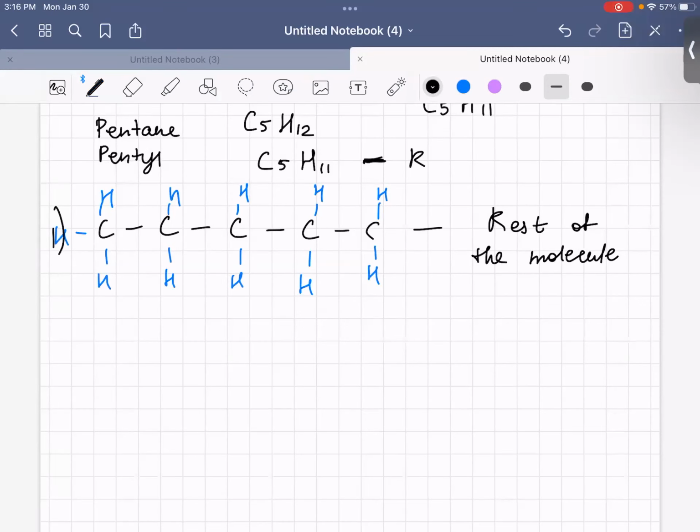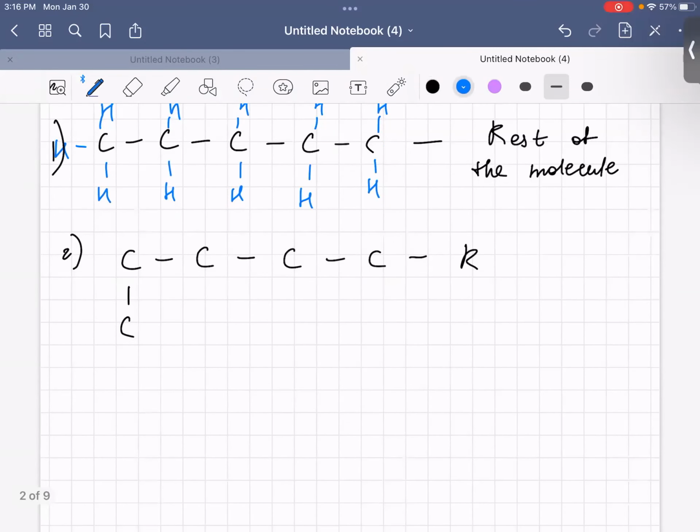So this is our first isomer. The second isomer is going to be 1, 2, 3, 4, 5 here, and it's attached to the rest of the molecule here. And it's also going to be 11 hydrogens. You can just check 1, 2, 3, 4, 5, 6, 7, 8, 9, 10, 11, right?